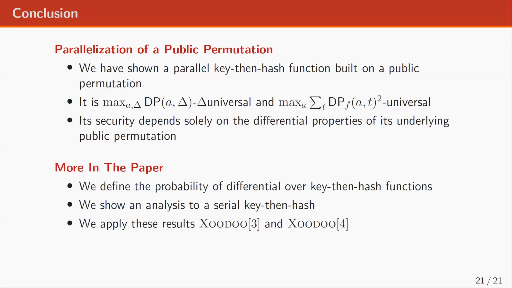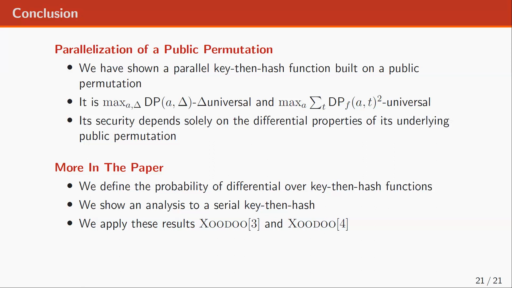Yes, and in the full paper, we also analyze the serial hidden hash function, and we define these notions of arbitrary length differentials for any kind of hidden hash functions, not necessarily parallel or serial, but any function that just takes the key and adds it to the message and does processing. We use these results to reduce the bounds of constructions 3 and 4.